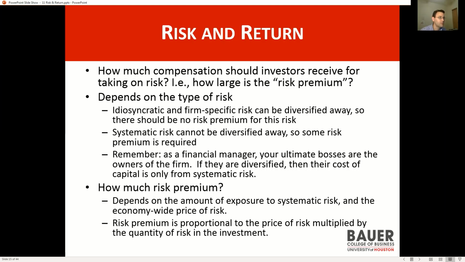So how much do investors expect to get when they take systematic risk? That's not something that you determine. That's something that's set by the overall market. The stock market is a competitive place. Investors require some return in order to take risk. That price of risk is set, and then you multiply that price by how much risk you're taking, to get your risk premium.